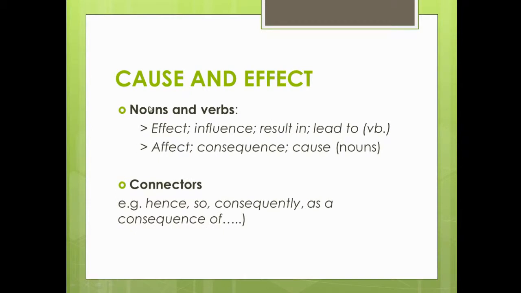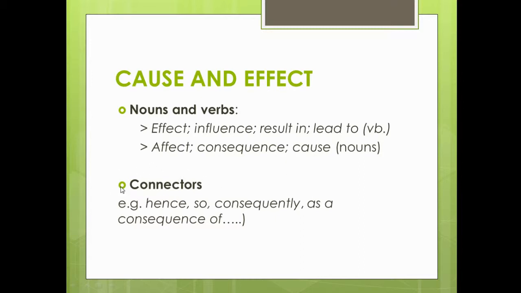Cause and effect. What about cause and effect? Well, nouns and verbs are very important here. For example, verbs: effect, influence, can result in, may lead to. And nouns like affect, consequence, cause. One cause of the rise in house prices in London, for example, is, and so on. So specific types of nouns and verbs are going to be very useful here.